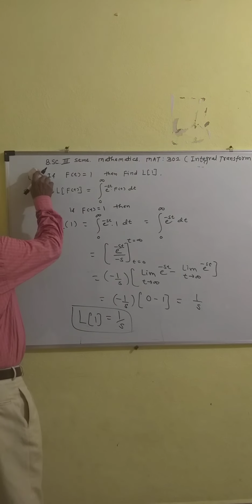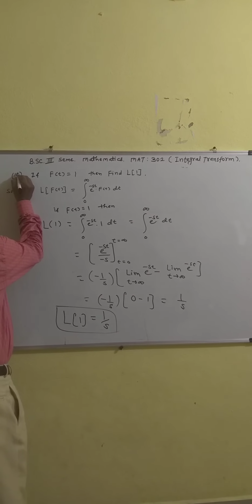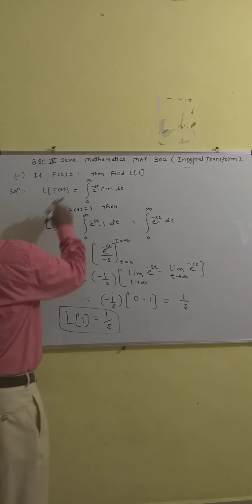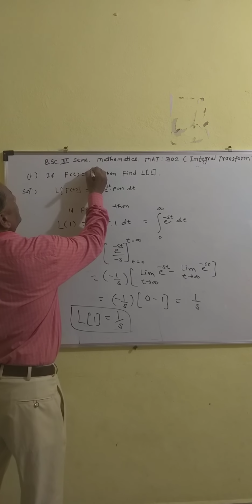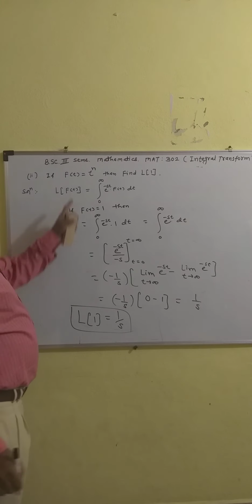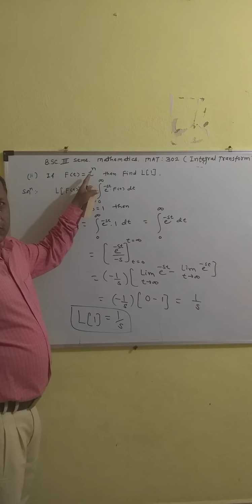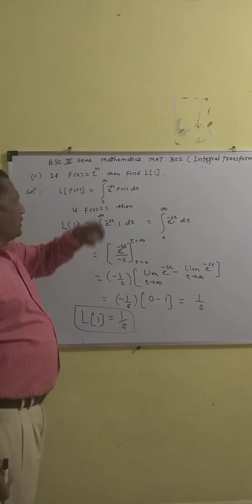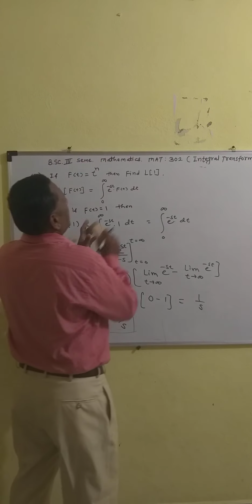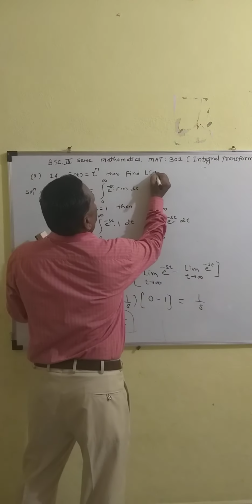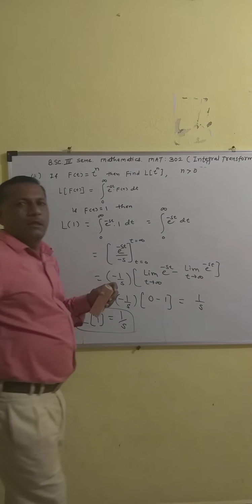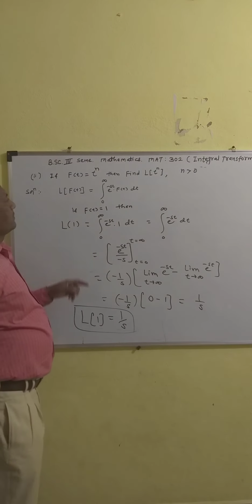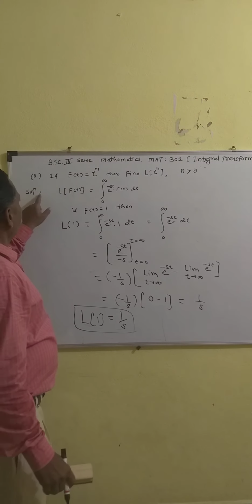So next formula. Second, if f of t is equal to any algebraic function t raised to n, here t is the variable. Instead of t, if you take x, then x raised to n. For t raised to n, find the Laplace transform of t raised to n. Here n is greater than 0, or n is positive. Solution.